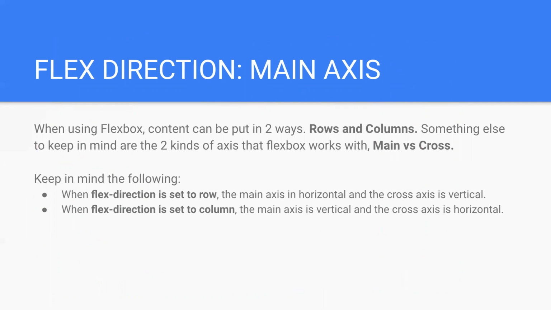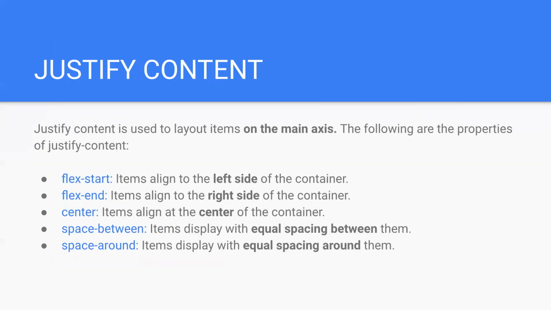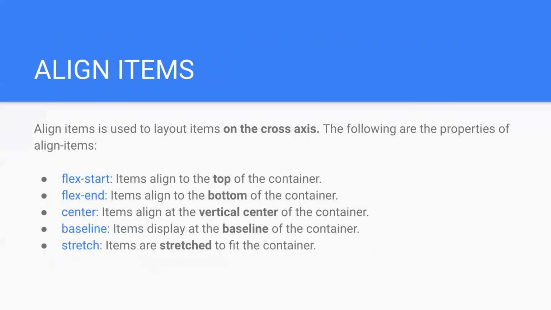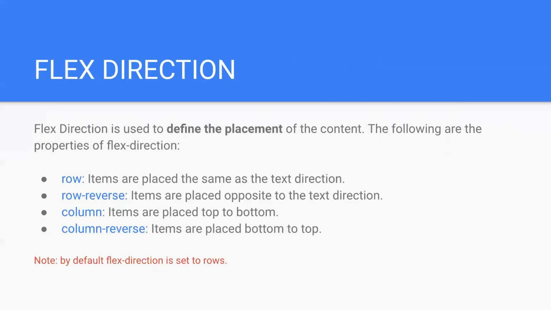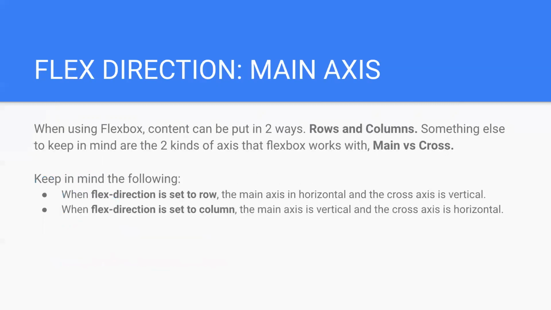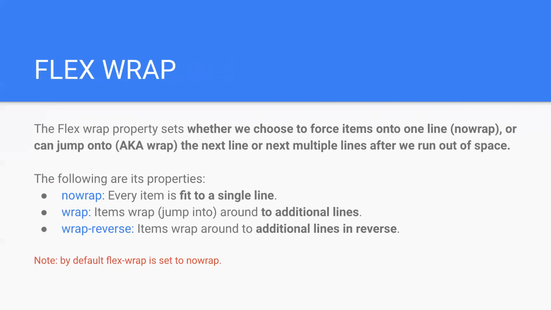So it just makes a switch. That is why I did not write horizontal and vertical over here, because it doesn't make sense. You have to understand which part becomes the horizontal. It switches roles, right? So that is what flex direction means, and we'll come to understand that pretty soon.